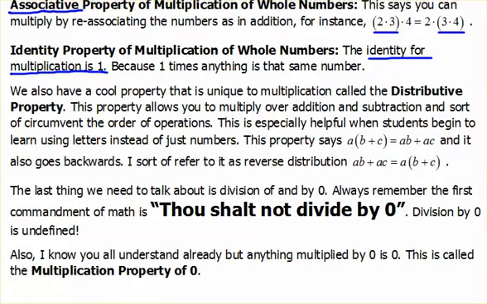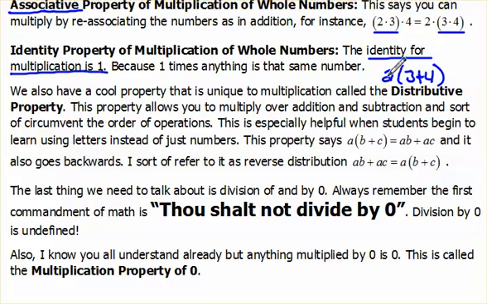We also have a very cool property that allows us, especially when we get into algebra, to be able to do things. It would seem kind of silly, if you had something like 2 times (3 plus 4).